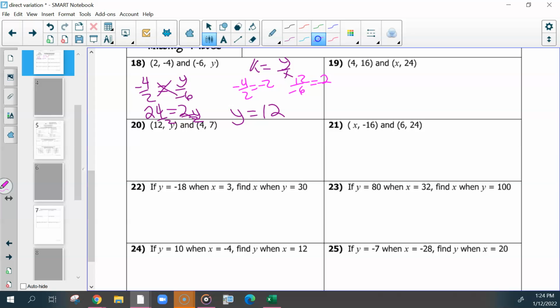So our constant k is negative 2, but the question asks to find the y value, which is 12. So this would be one way you could solve this, using proportions. Before we do the other way, does anyone have questions on how we found that?